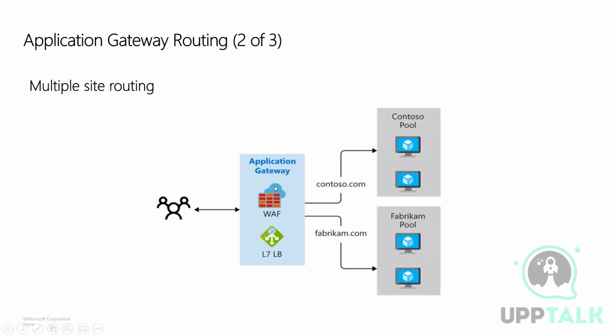I can also have something called multiple site routing, which means if I want to create a multi-domain or multi-tenant application, I can implement that using application gateway. Not just the path, but if the DNS request coming in is different, I can map it to a different set of resources.